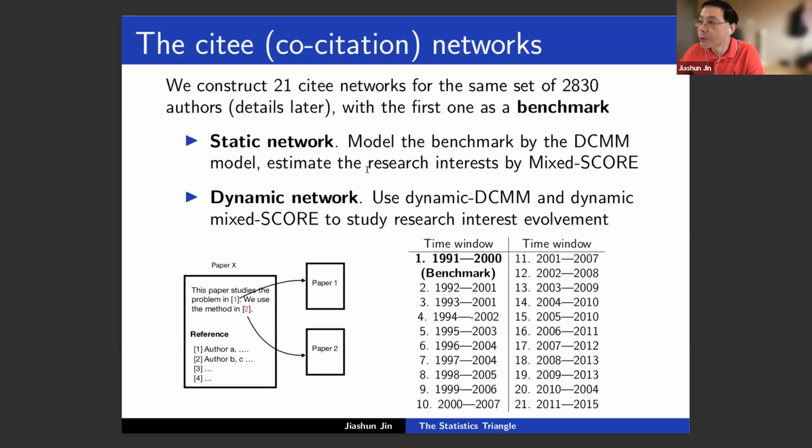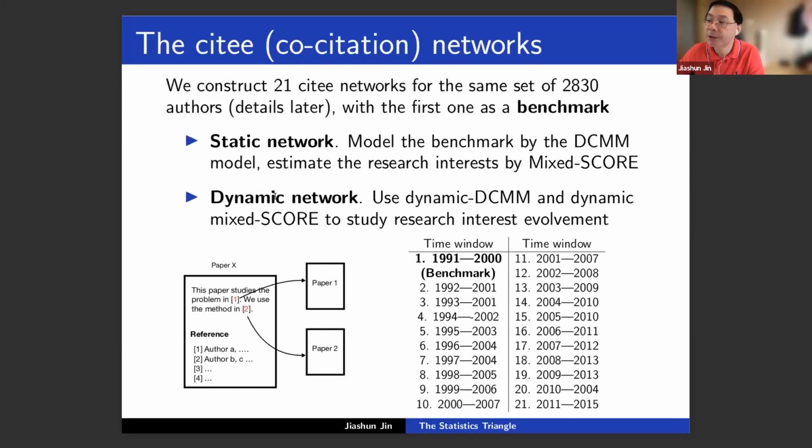We have constructed 21 Scite networks according to 21 different time windows. The time windows are not evenly divided, because in the 1990s you have fewer citations compared to more recent years, like 2015. We are going to use the first Scite network as a static network and as a benchmark to study research interest.